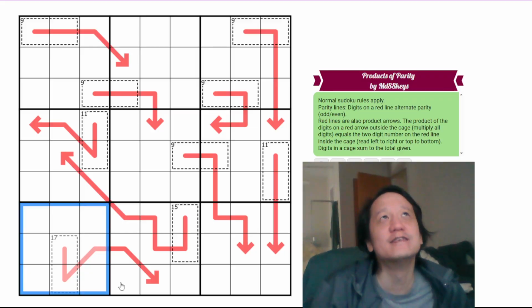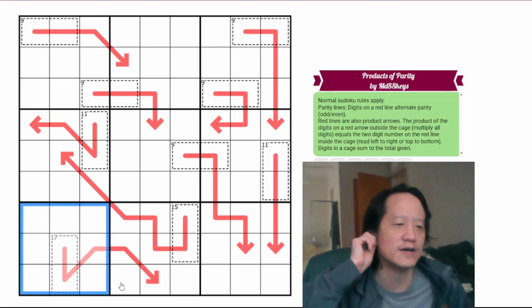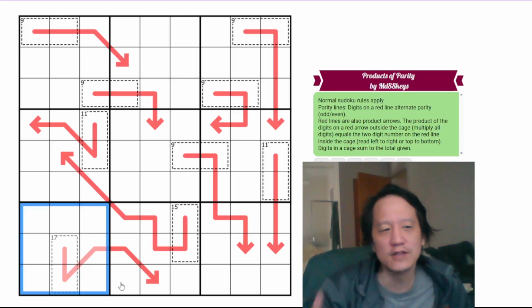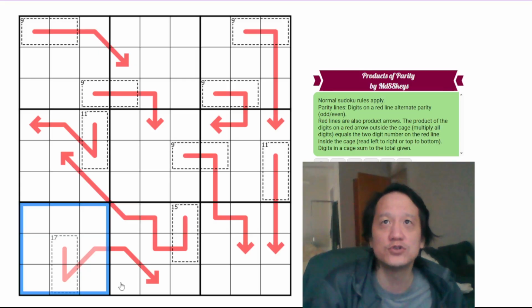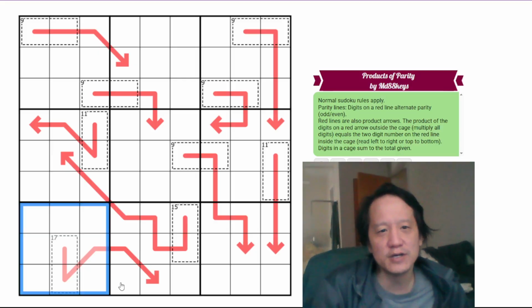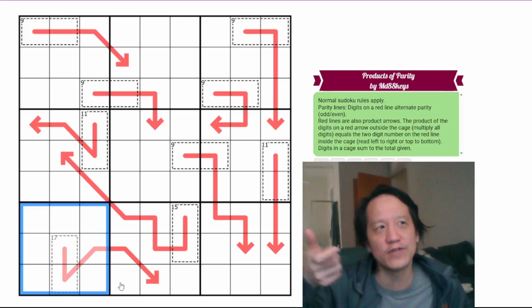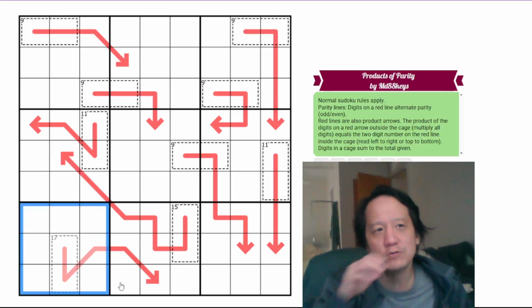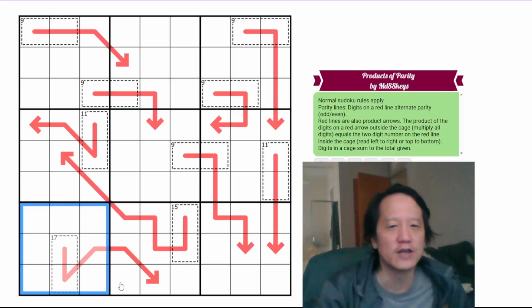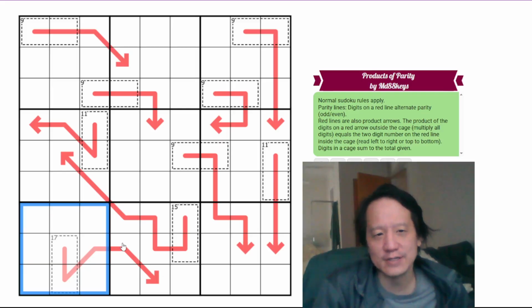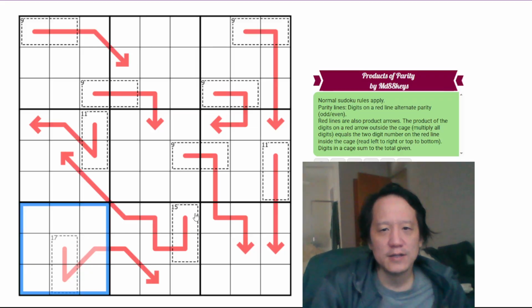I'm trying this way of saying things so that you can think of different ways of understanding the normal Sudoku rules, because there are certain variants that flip things a little bit, and it's only slight changes if you think about it.